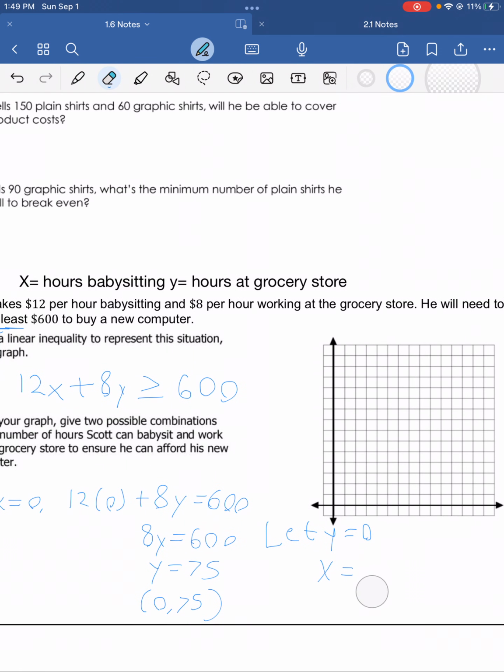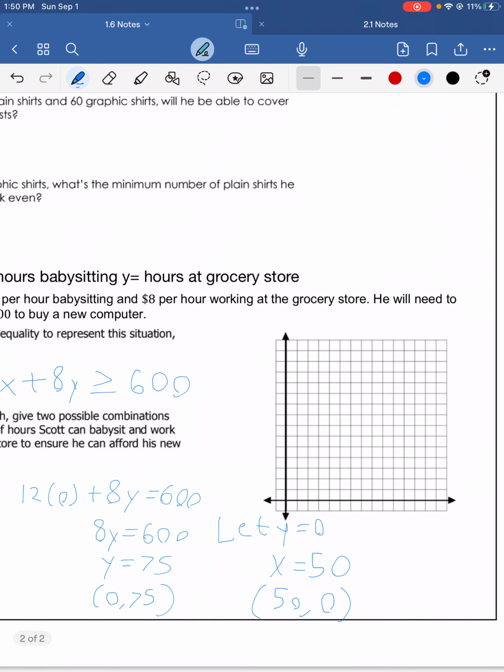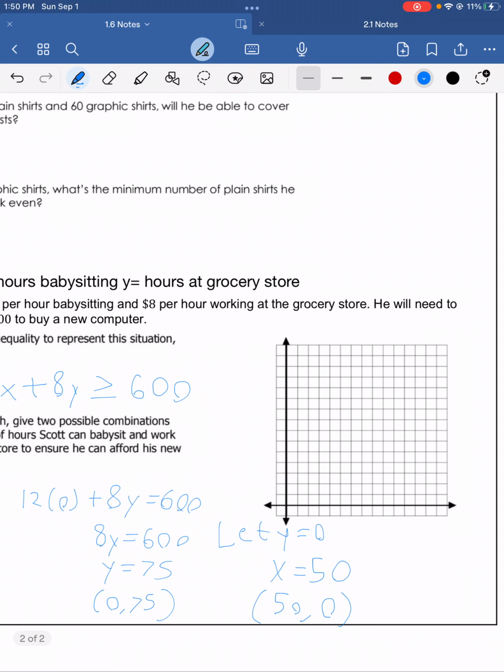You're going to get x to be 50. Now, this is a review, so I kind of went through that quick. But our second point should be 50, 0. Okay. So those are my two intercepts. We have one at 50, and then we have one at 75.